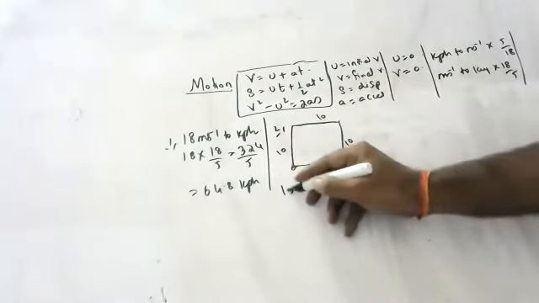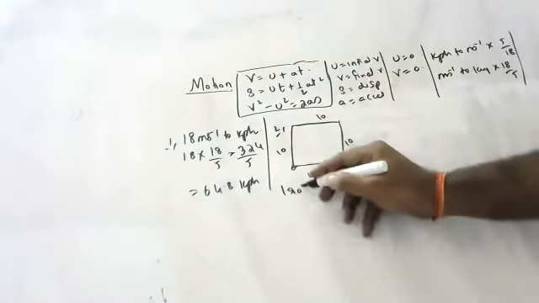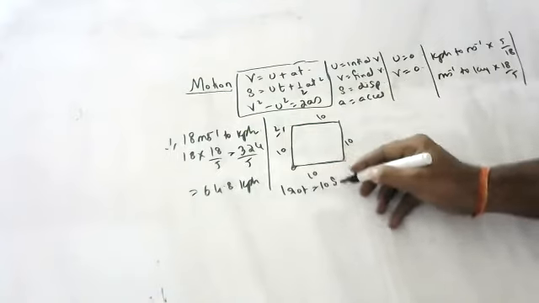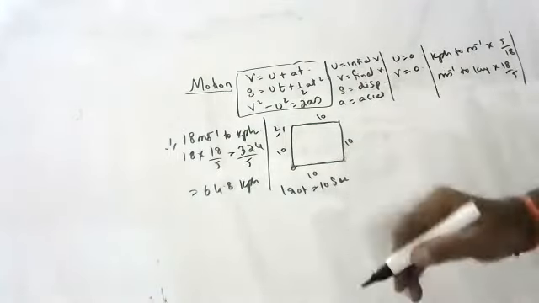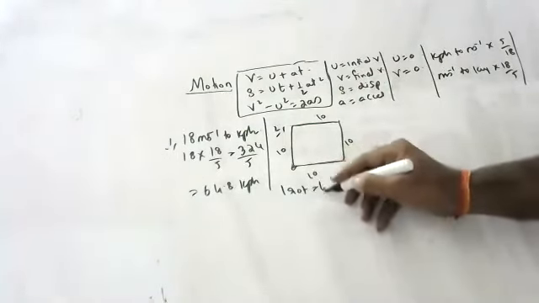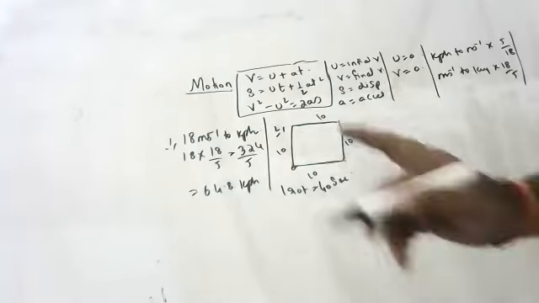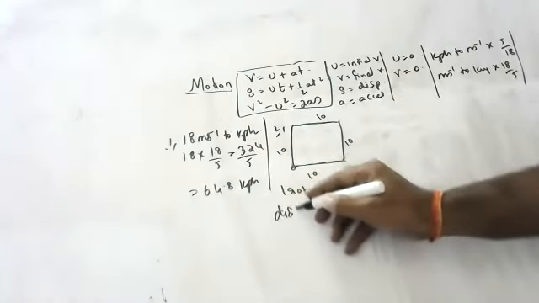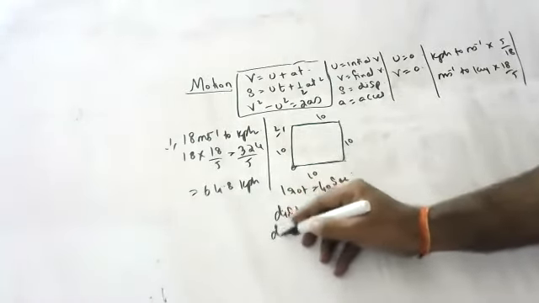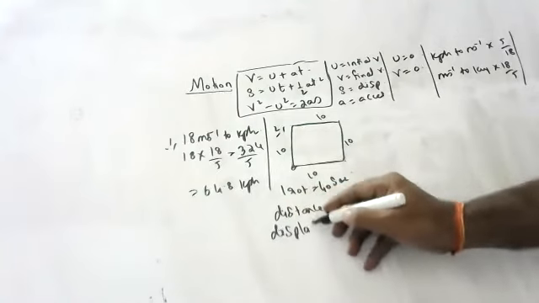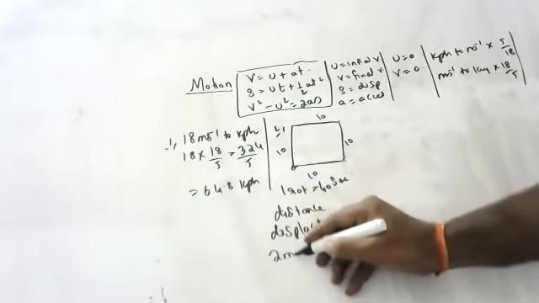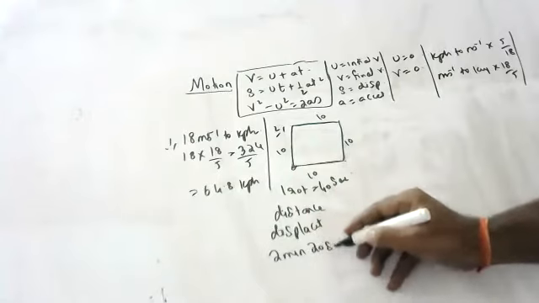For one rotation he is taking 40 seconds. Please listen, children, everyone, 40 seconds. What will be the distance and displacement of the farmer at the end of 2 minutes 20 seconds? This is the question.